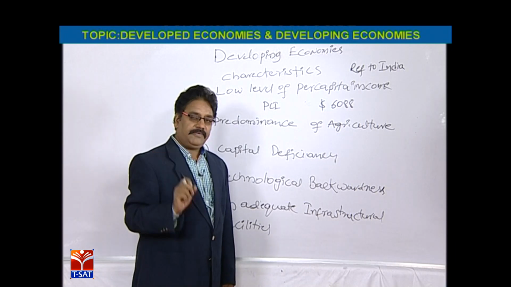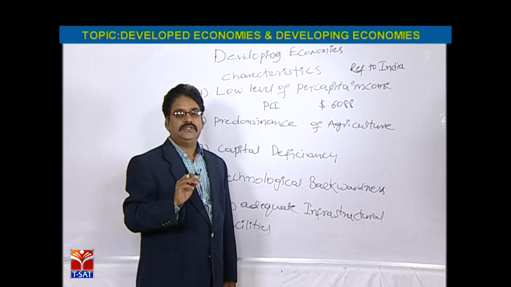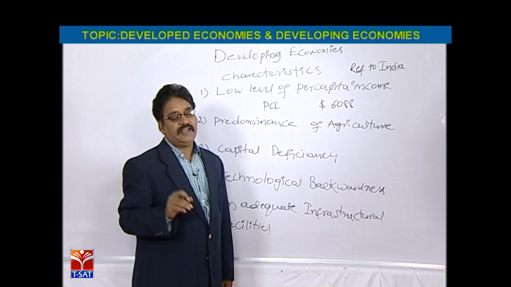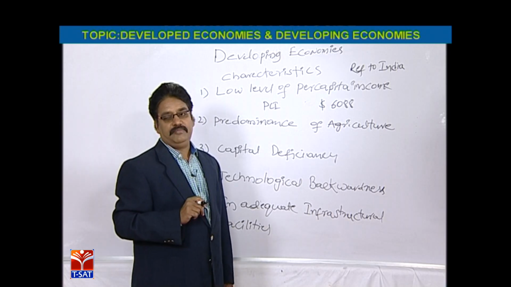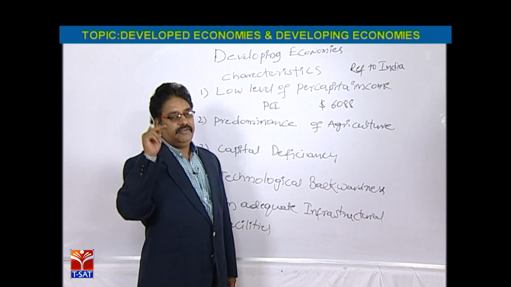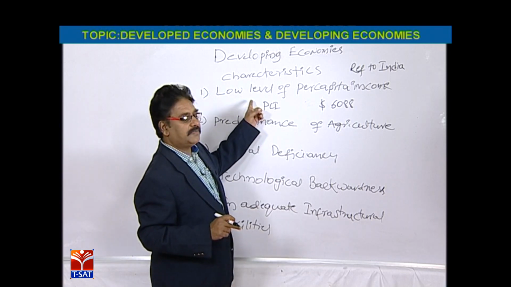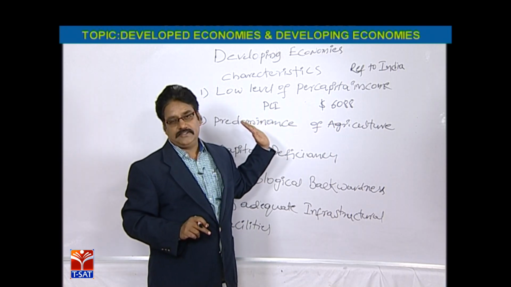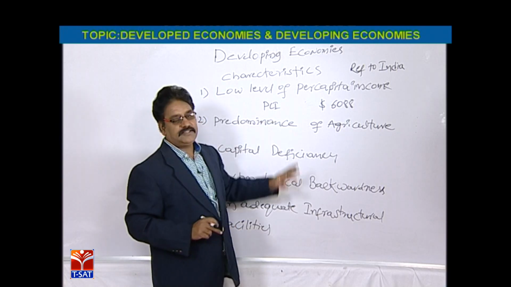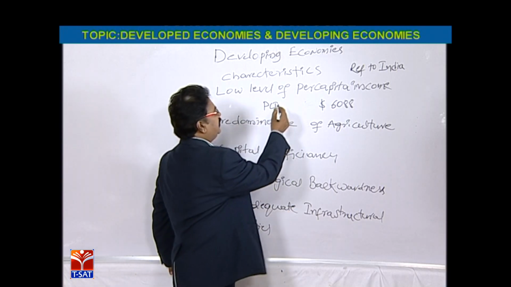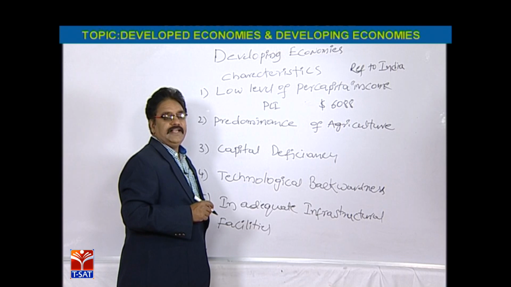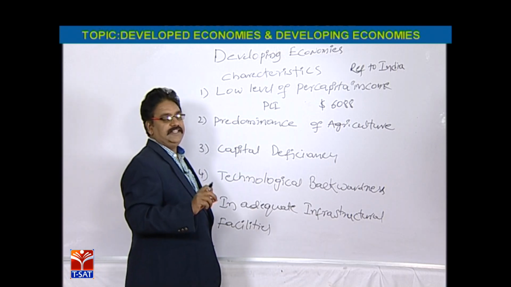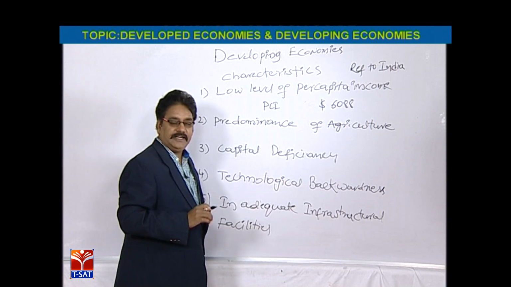When compared with developed economies, they have almost 40 to 50,000 US dollars per capita income. With special reference to India, we have only $6,088. That is why our country is treated as a developing economy. In developing economies, the first thing we observe is a low level of per capita income.